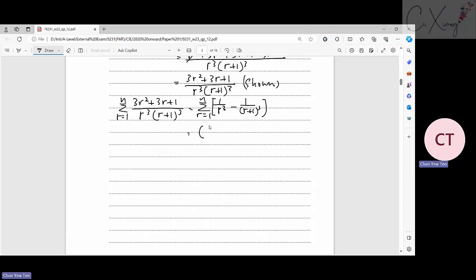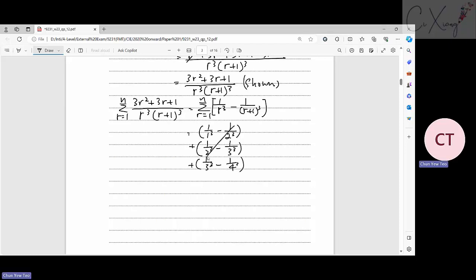So the first will be 1 over 1 to the power 3, sorry, minus 1 over 2 cube, plus 1 over 2 cube minus 1 over 3 cube, plus 1 over 3 cube minus 1 over 4 cube.